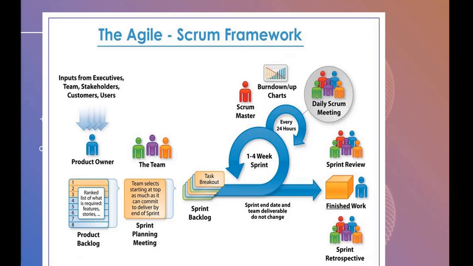For example, they say okay, in this sprint we will do the website home feature and then the article feature. Then they take these requirements and put them in the sprint backlog. So the sprint backlog is a chunk of the product backlog.